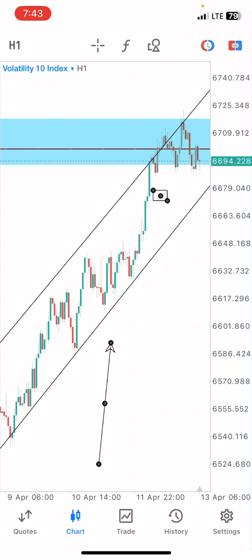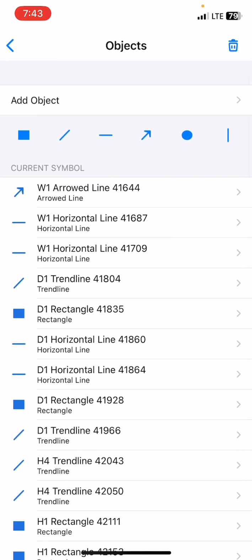You all can see that the market gave us a nice formation. Let me identify it. I see the left shoulder here, then the head at this point, then the right shoulder at this point.